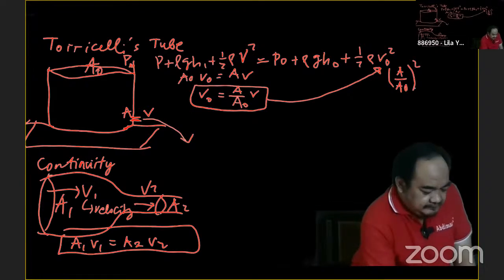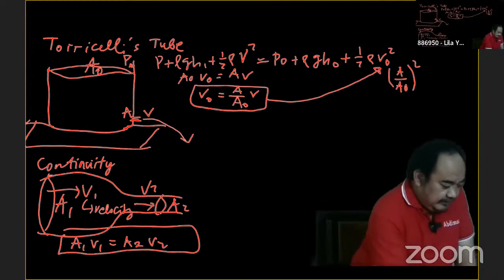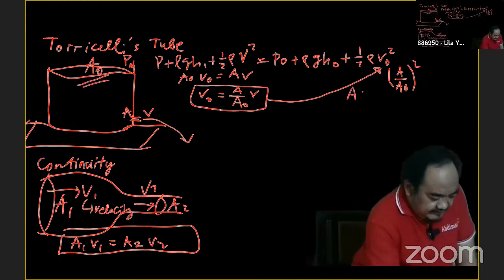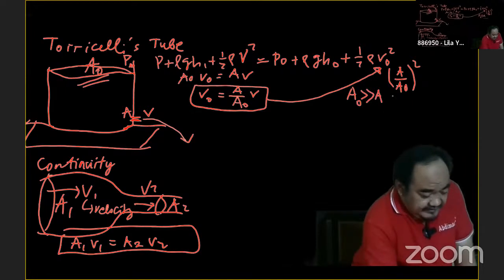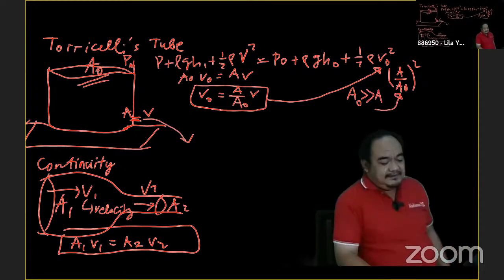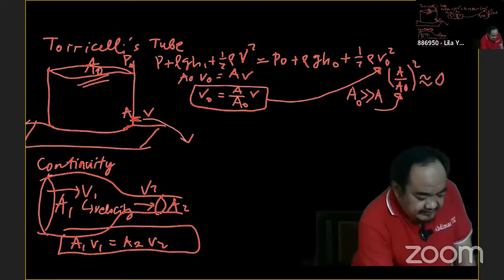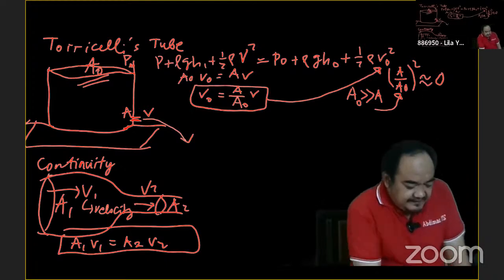We have this part, A over A naught square, and we know in this configuration A naught is much larger than A. So if we apply in this equation A over A naught, the result will approach 0, because the small value, if we square, the value will be smaller and smaller, and the result will approach zero.